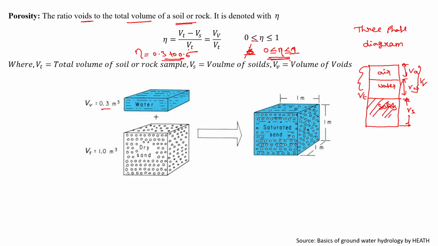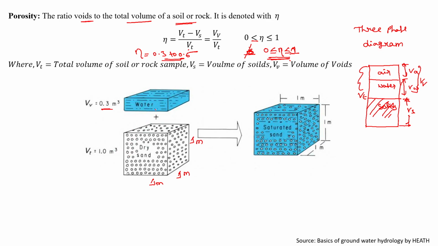Let's see how it can look. Let's say I added 0.3 meter cube of water to dry sand. I have taken dry sand of volume 1 meter cube, so 1 meter here, 1 meter here, and 1 meter here. Dry sand does not mean it has zero voids. There are some voids inside this dry sand.